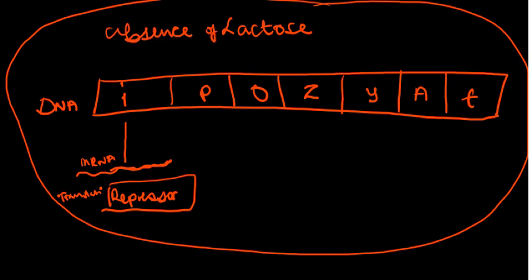So the repressor molecule has two sites. Let me draw it like this. There's this site and the other site. So one site can be the inducer site and the other site can be the repressor site.